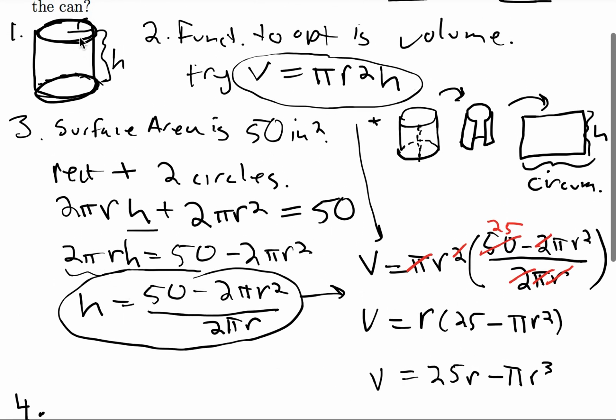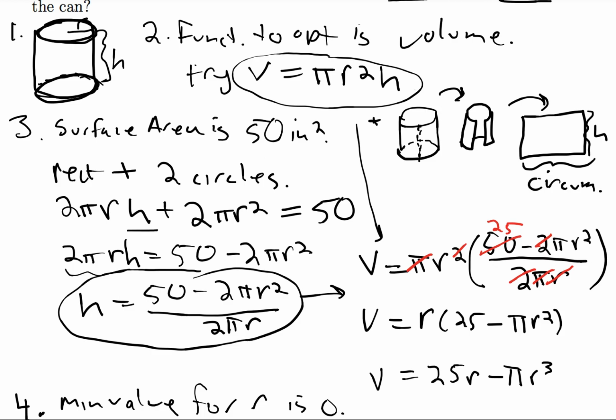If I'm looking at the cylinder and I want the smallest r possible, well, I really can't go past 0, right? 0 is going to be the smallest that I could actually utilize. So I'll go ahead and take a minimum value for r.